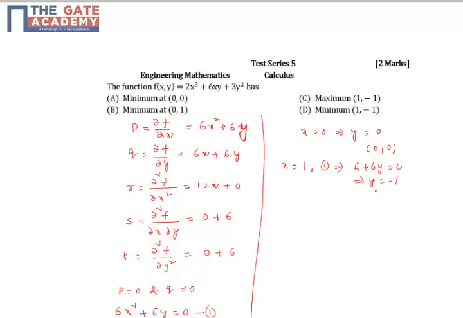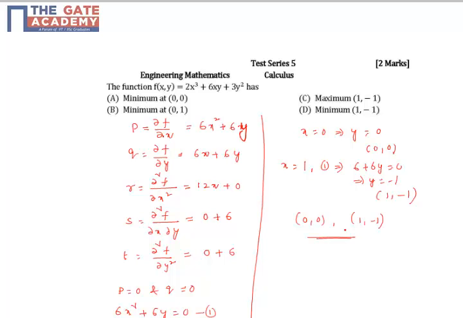So one more stationary point is 1 comma minus 1. So I got two stationary points: one is 0 comma 0 and the other is 1 comma minus 1.